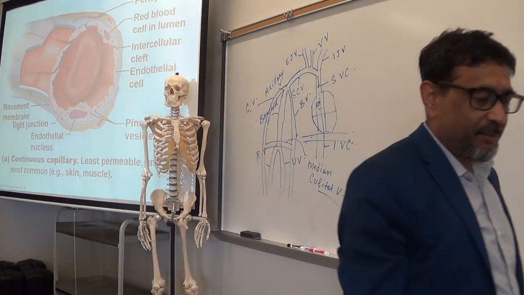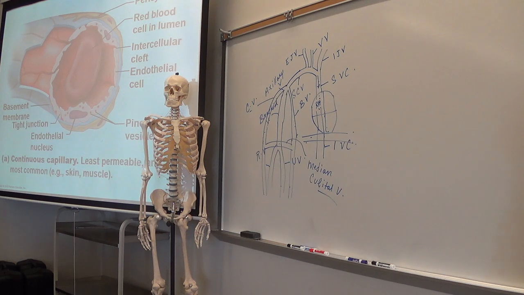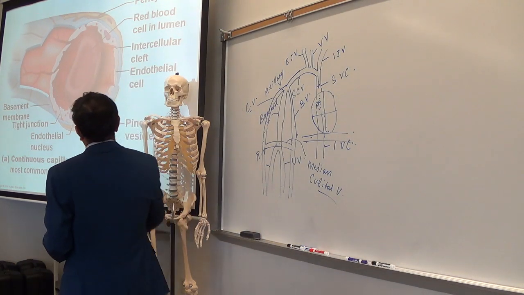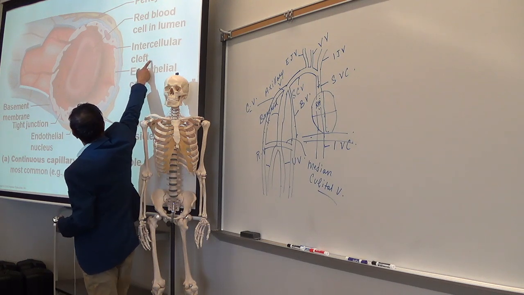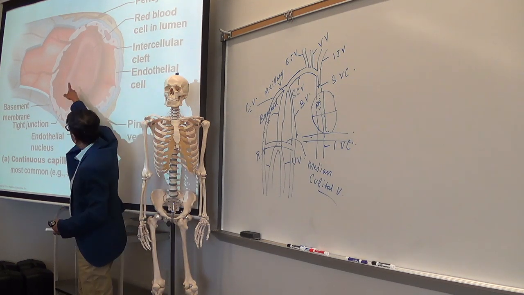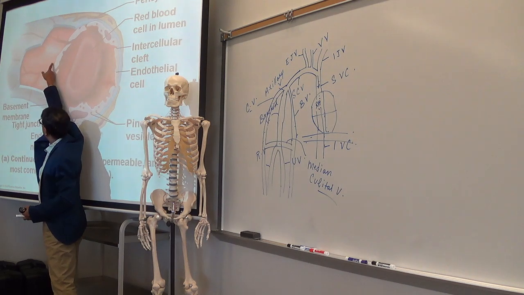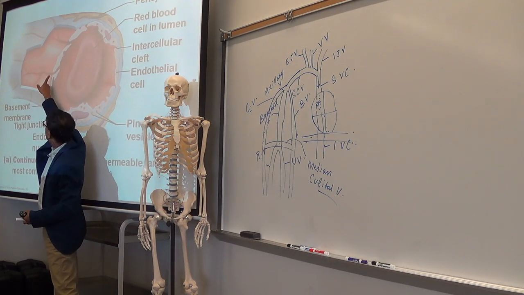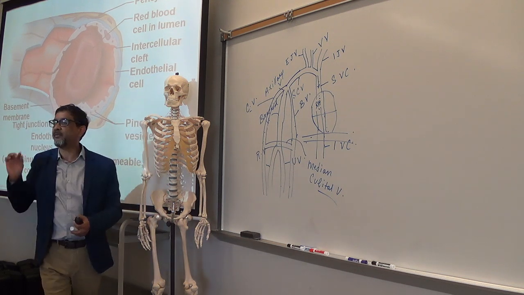But these are very narrow. Remember, these are very narrow slits. Those are called intercellular clefts. Intercellular, that means between the cells. This is one squamous cell, this is another, makes sense? So in between the cells, you have the cleft.